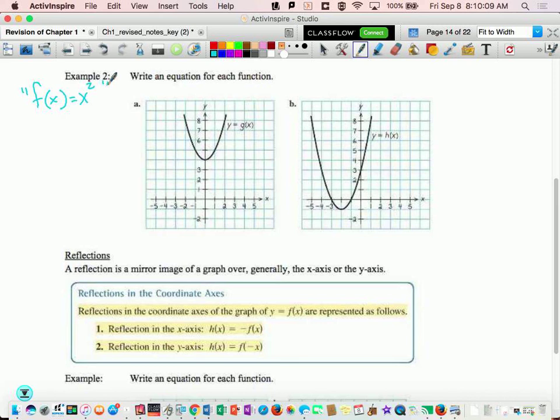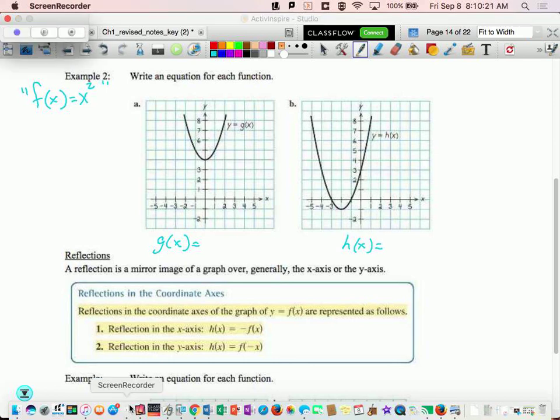So just quickly in your groups, this one they're calling g of x. So write a g of x equation for me. This one they're calling h. Write an h of x equation for me. And then what you should be able to do is on your graphing calculator, type it into y equals like y1 and y2, and make sure that these are the two graphs coming up. So you should be able to check your own answers.